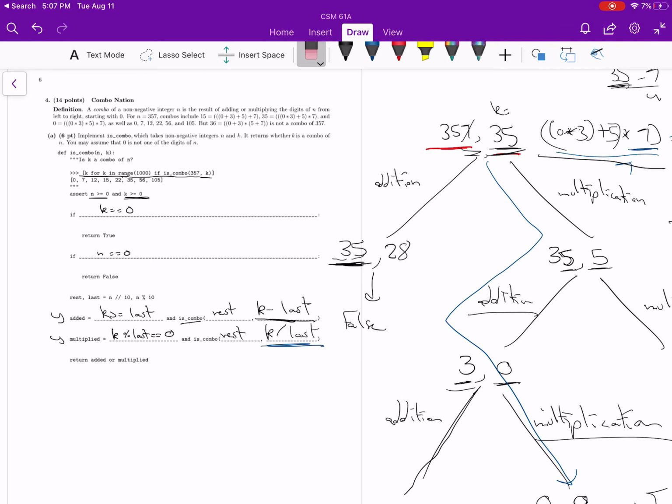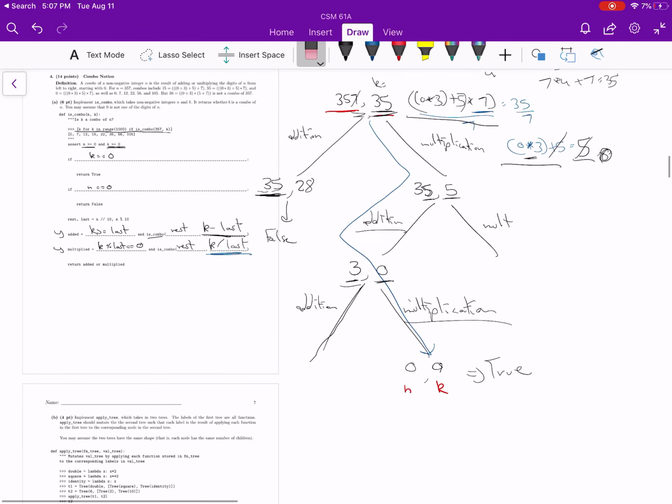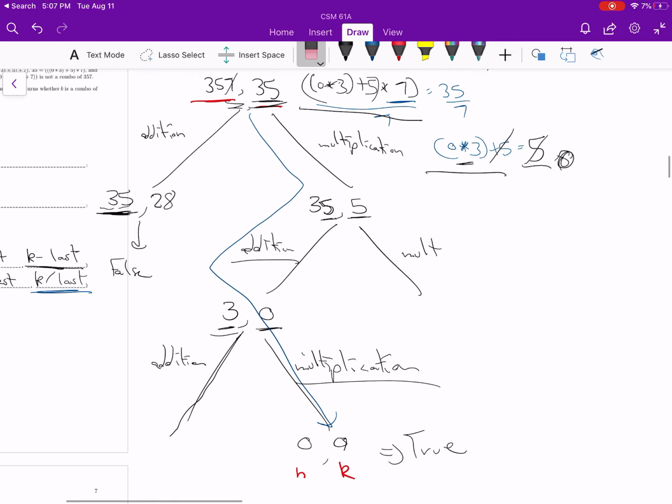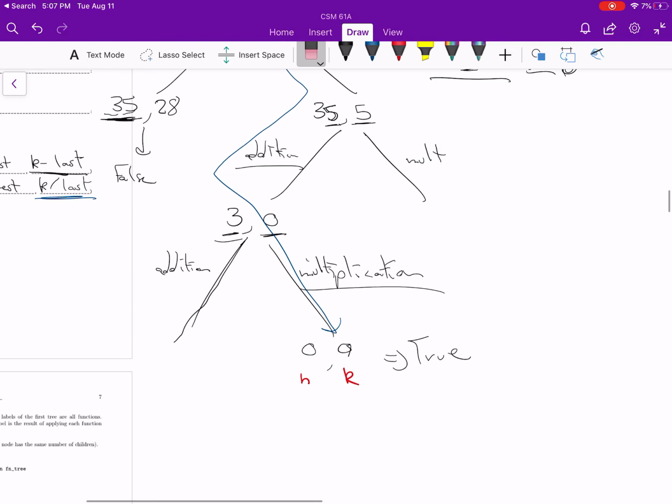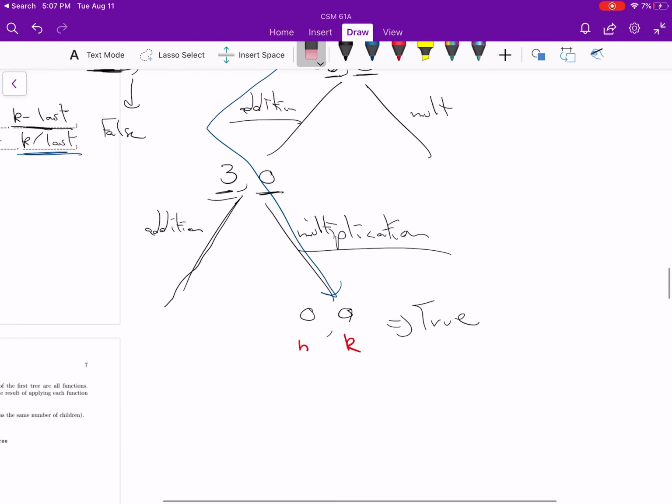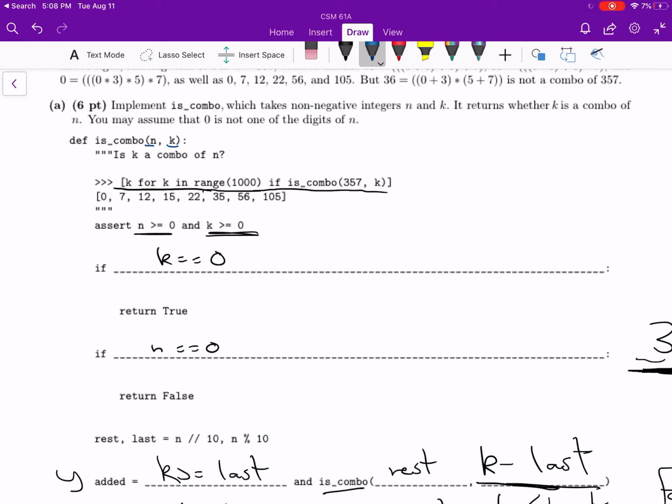Lastly, for the base cases, you might not have the patience, or the time really, to draw this entire tree out and figure out how things work. So the first thing I would do is consider your inputs n and k and see what values of them you know the answer for.